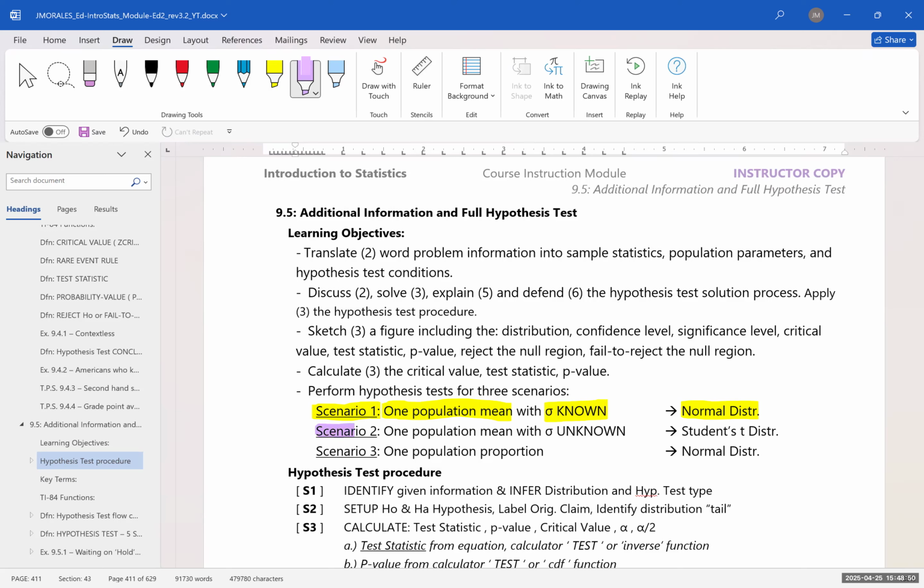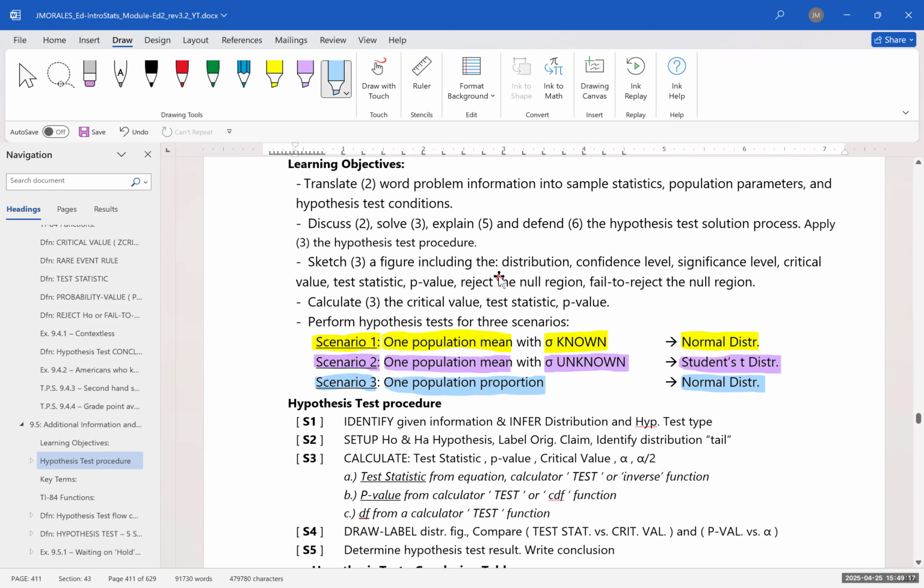Another scenario is if we have one population mean, but the population standard deviation is unknown, then we're going to use a student's t distribution with that hypothesis test. And then lastly, the third scenario is if we have one population proportion, we'll go back to using a normal distribution again.